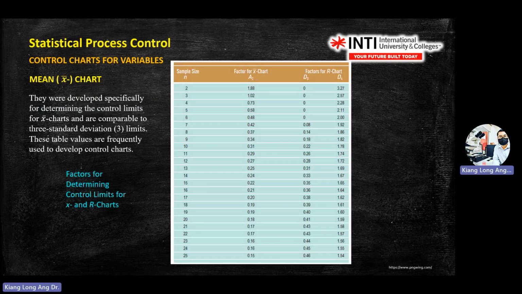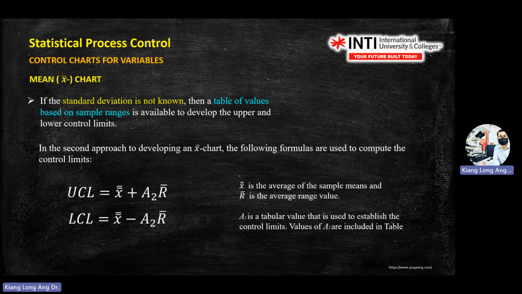So let's say this is the chart. If this kind of question comes out, you'll see n sample, A value, D value, and so on. So you have D3 and D4. In this case, just now in the equation you're seeing A, right? So just now you're seeing a range chart and mean chart.